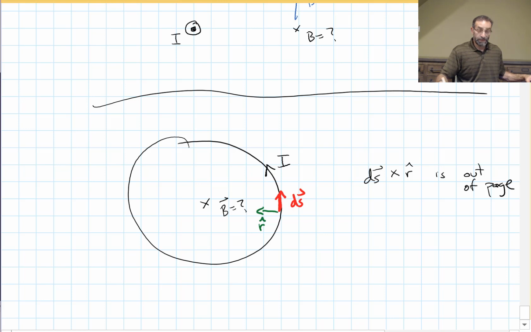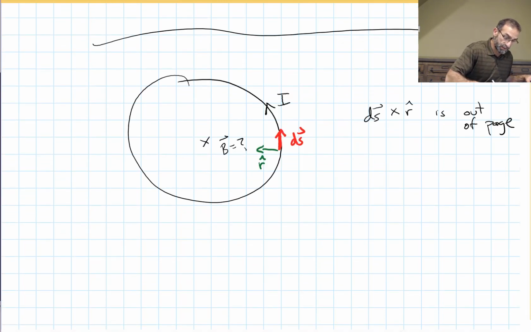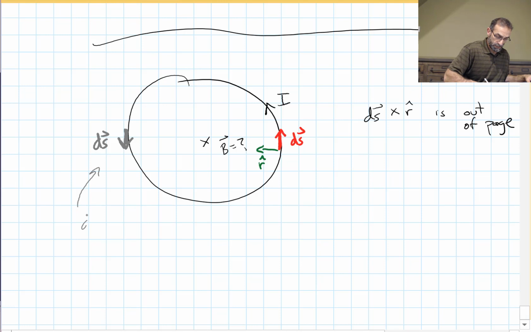Now, it better be the same no matter where we pick a ds, right? Let's pick this ds over here. I'll make it gray. Using this one, where's my r hat?